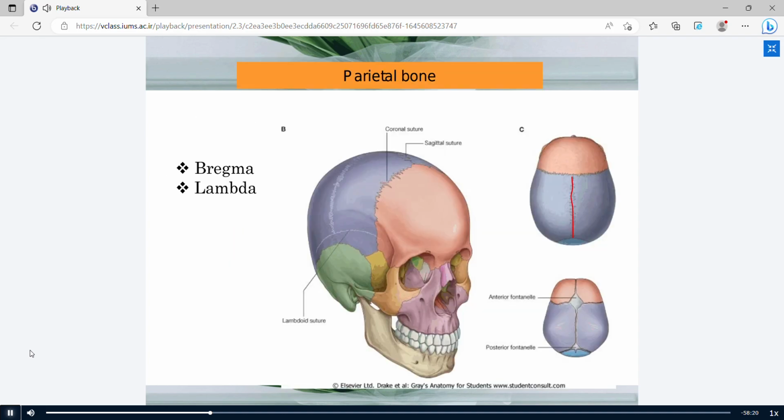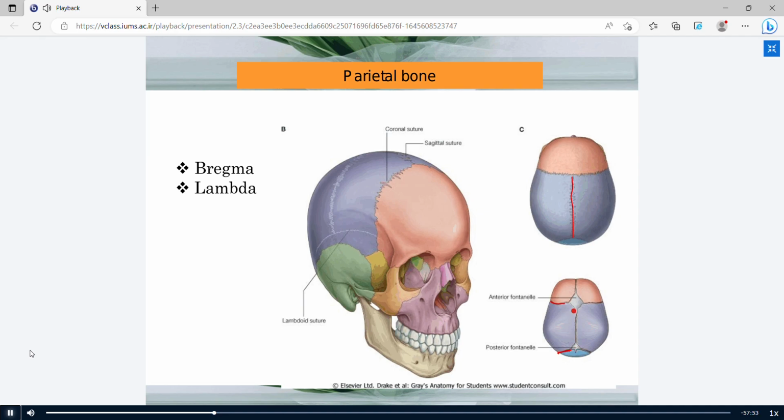In the previous slide, you can see the superior margin attached to the frontal bone and forms the coronal suture. The posterior margin attaches to the occipital bone and produces the lambdoid suture.